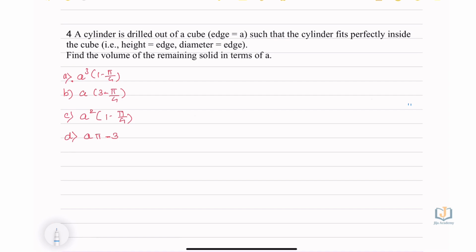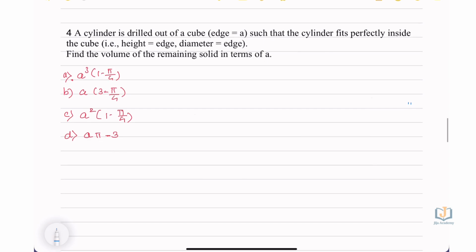Now moving to the next problem. A cylinder is drilled out of a cube of edge A such that the cylinder fits perfectly inside the cube. Find the volume of the remaining solid in terms of A. So here the cube edge is equal to A. So cube volume is equal to A³.